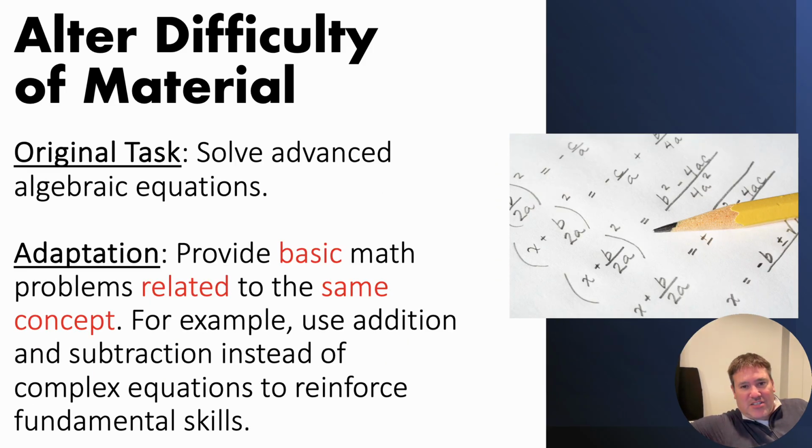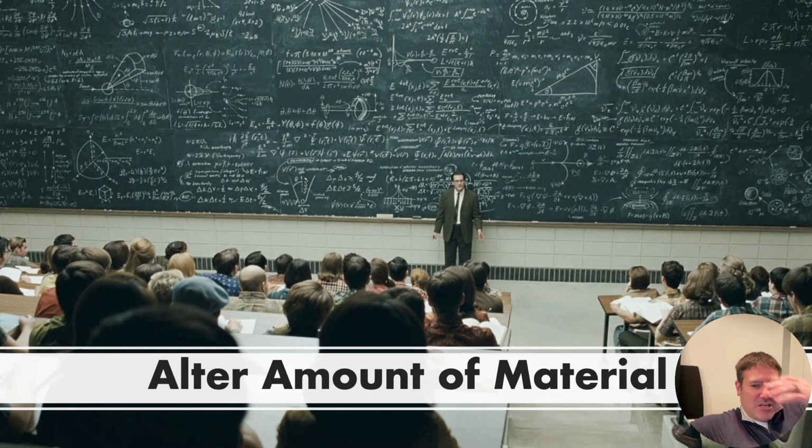The original task is to solve advanced algebraic equations. So the adaptation could be basic problems related to the same concept. Now we can't always hide from this, the complexity based on the standards and curriculum. But at first exposure, it can be a really important idea to support scaffolds and adaptations for kids.